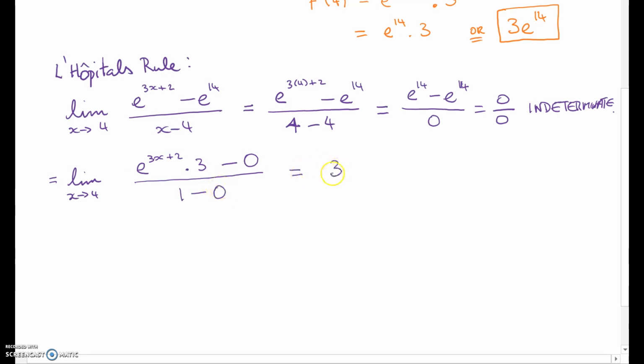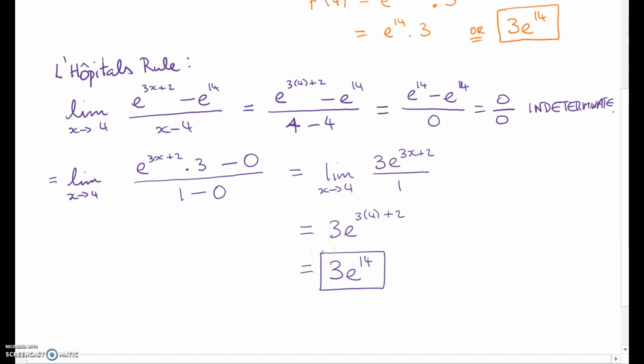So it becomes the limit as x approaches 4 of 3e to the 3x plus 2 over 1, which is simply 3e to the 3 times 4 plus 2, or just 3e to the 14.